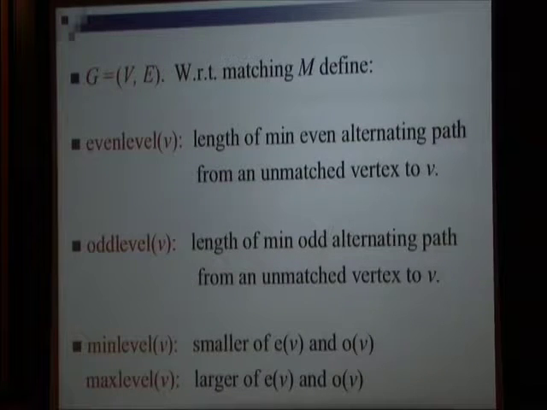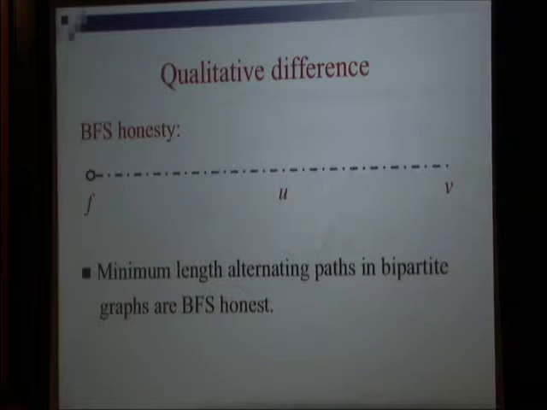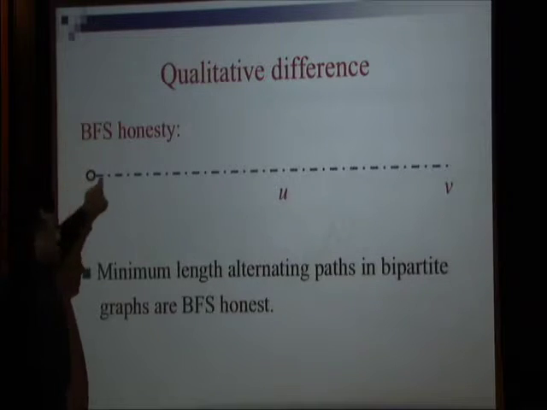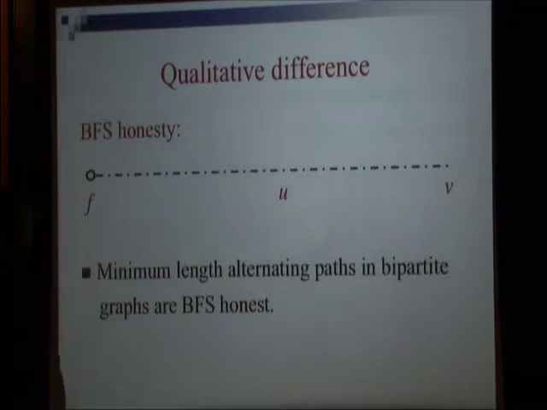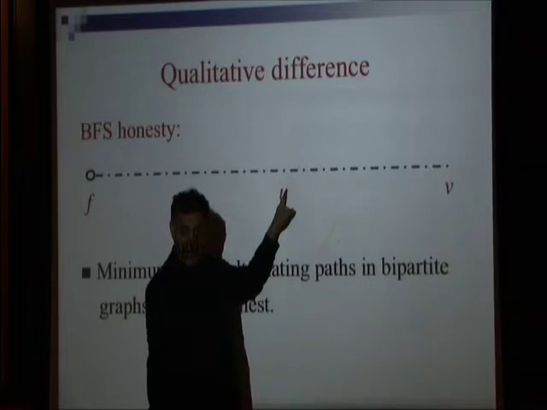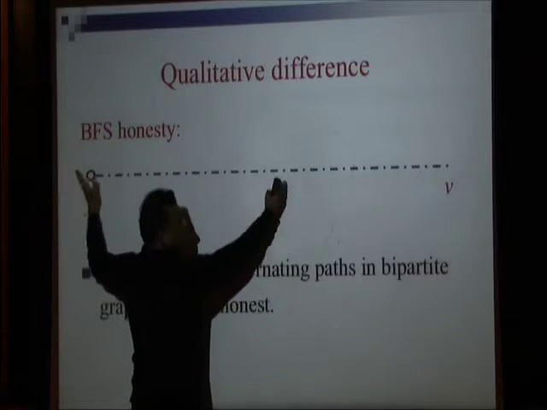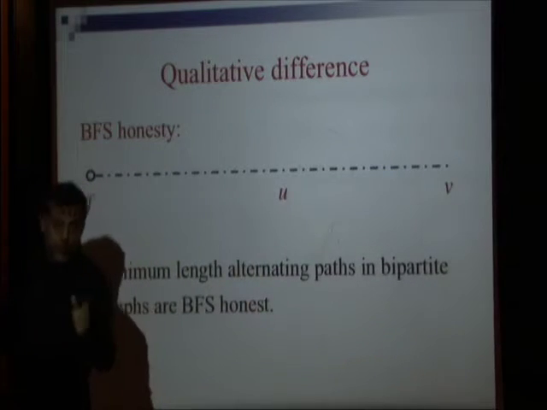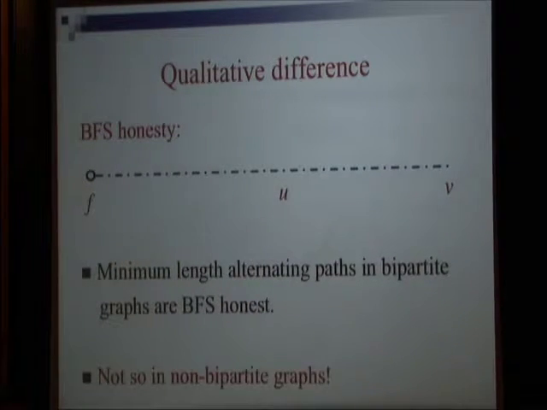Okay, these are needed. And here's one very big difference between bipartite and non-bipartite. In bipartite, minimum length paths are breadth first search honest, in the sense that if I take a minimum length path from F to V, and if U lies on that path, then this is the minimum alternating path from F to U. Not so in non-bipartite graphs.